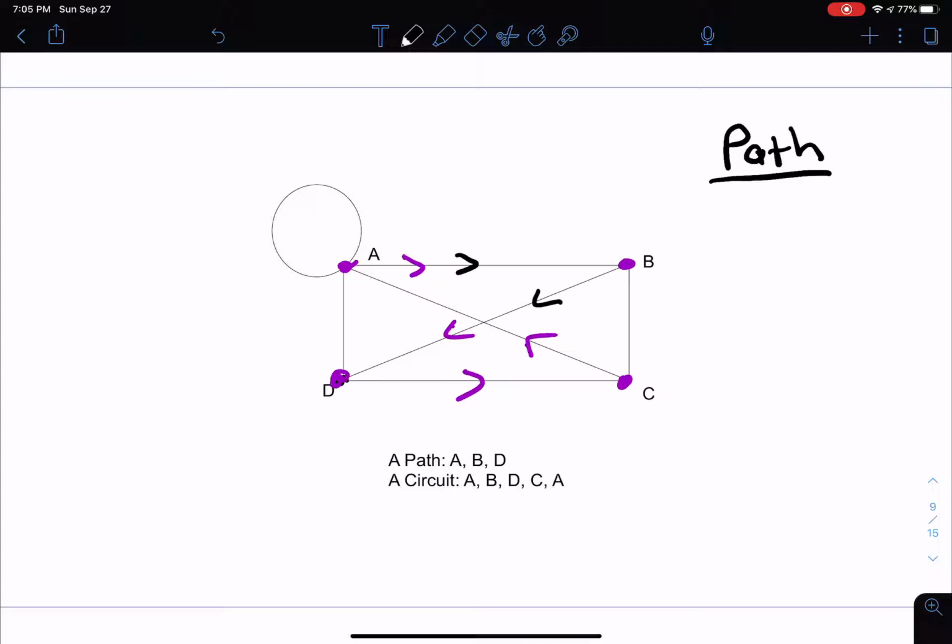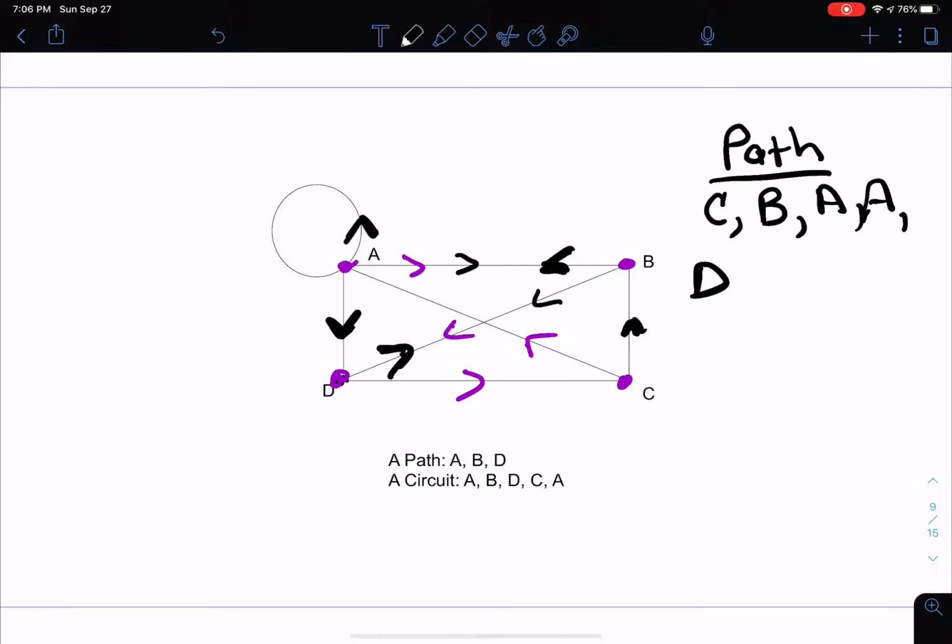I might have started with C and said, okay, from C, let me go to B. And then from B, let me go to A. And then from A, let me do the loop. And then from there, I might have decided to go to D. And then from there, go back up to B. Nothing wrong with that. So that's an example of another path.